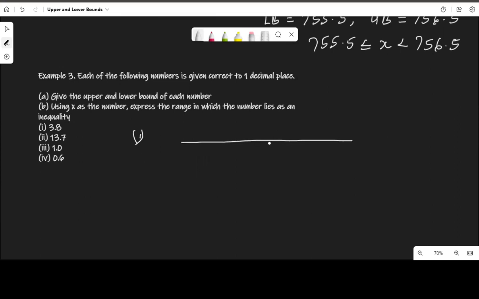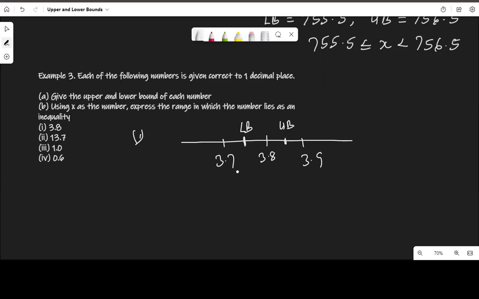I represent that on the number line, 3.8 to 1 decimal place. So the next number to it will be 3.9. The number before that is 3.7. In between 3.7 and 3.8 lies the lower bound. And in between 3.8 and 3.9 lies the upper bound.